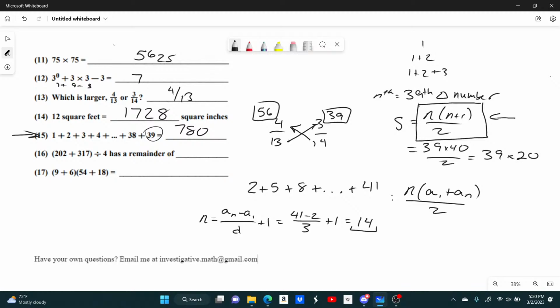So n is 14, so we have 14 times the first term plus the last term. a1 is 2, a sub n is 41, and then divided by 2. So this is just going to be 7 times 43, right? 14 divided by 2 gives 7. 2 plus 41 is 43. So that's 280 plus 21, so that gives 301.